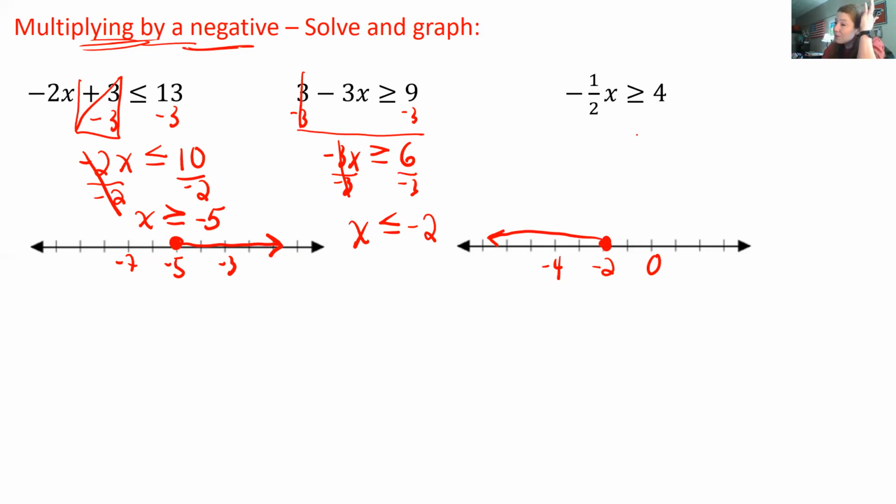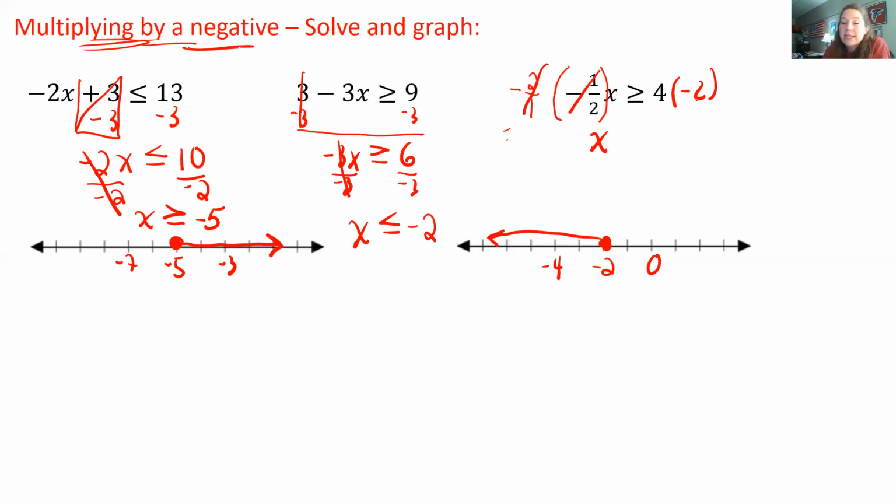All right, the third one, to get rid of times a fraction, you multiply it by its reciprocal. The reciprocal of -1/2 is -2/1. We're not changing the sign, we're doing the opposite. We're getting rid of the number. So if we multiply this side by -2, we've got to multiply this side by -2. So -2 times -1 is 1, and 1 times x is x.